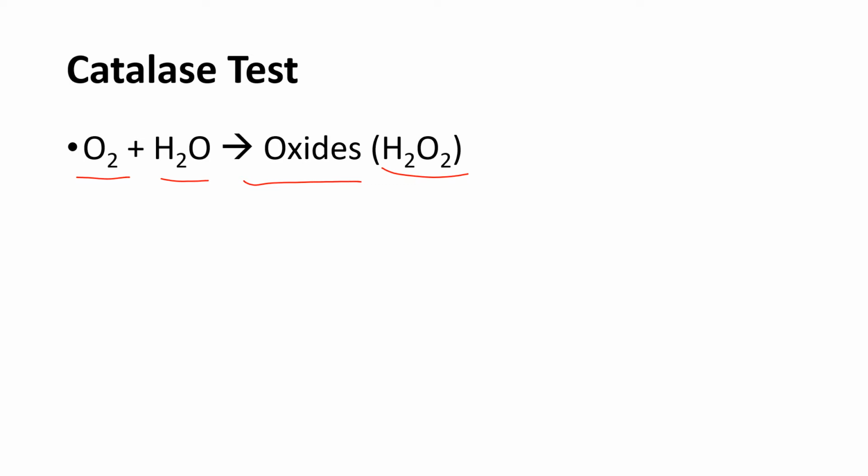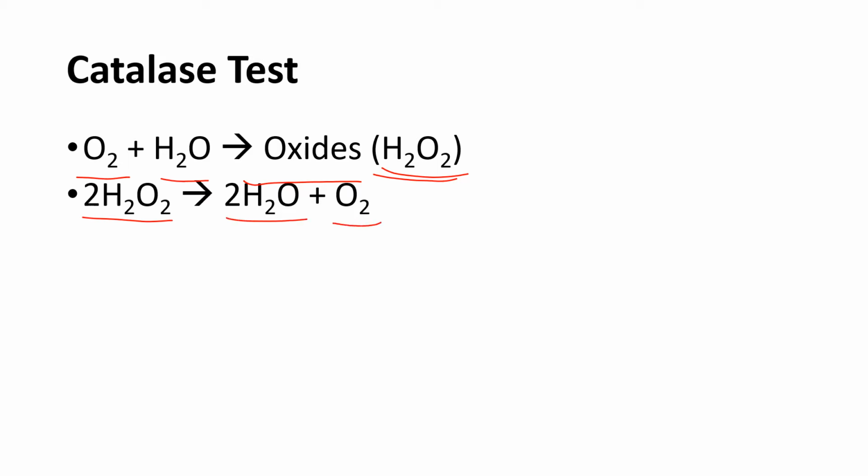So the result of that can be the death of the cell. Hydrogen peroxide is one of those oxides. And catalase is an enzyme that takes that hydrogen peroxide and breaks it down back into water and oxygen gas. So catalase is one of those enzymes that protects microbes from the negative effects of oxygen.